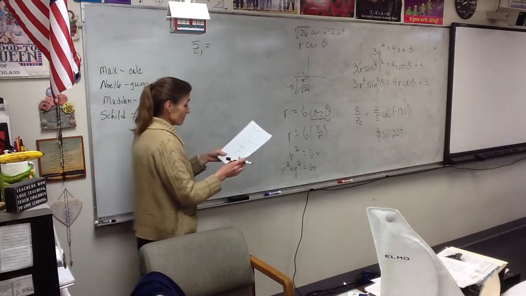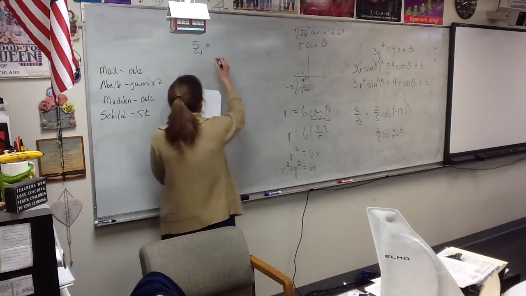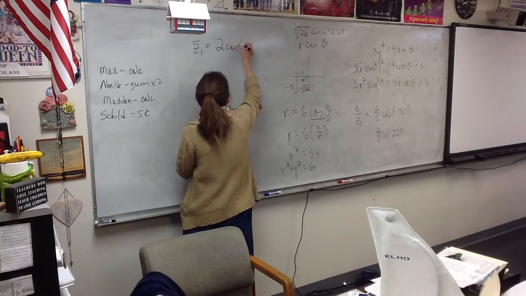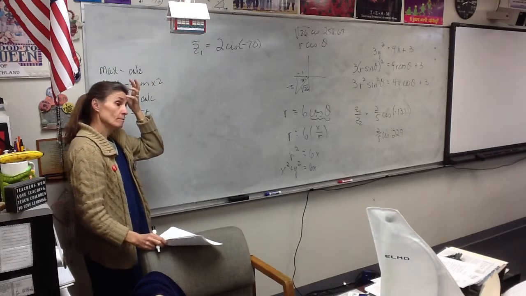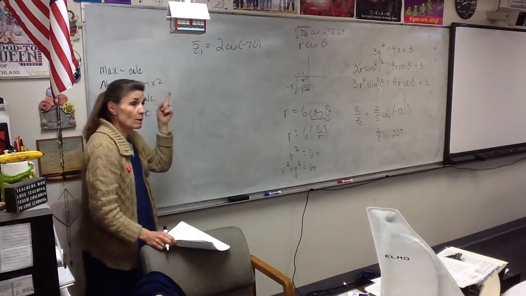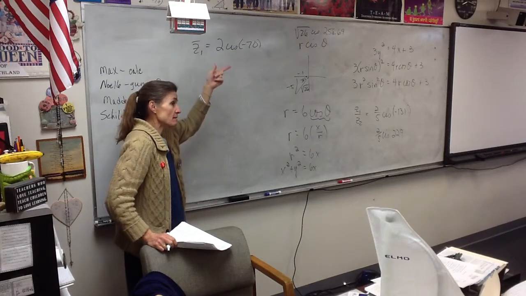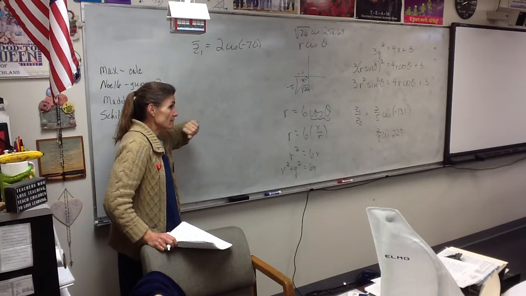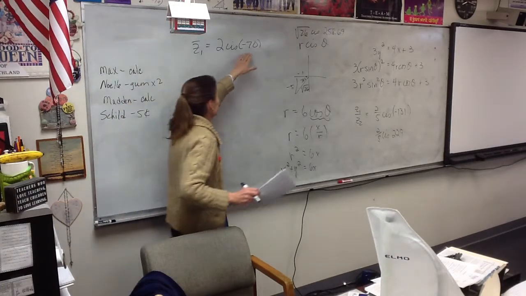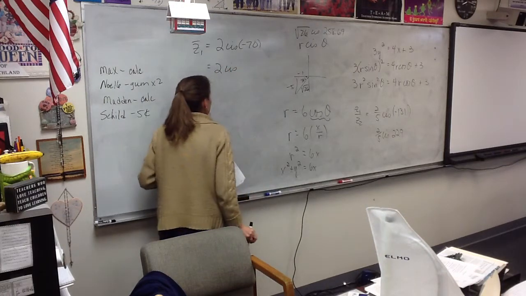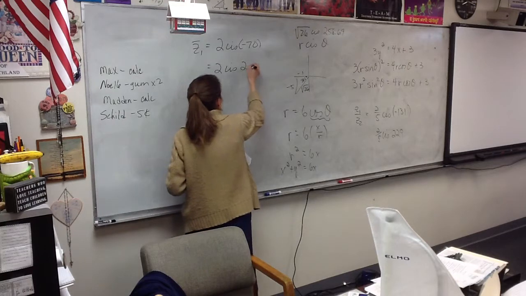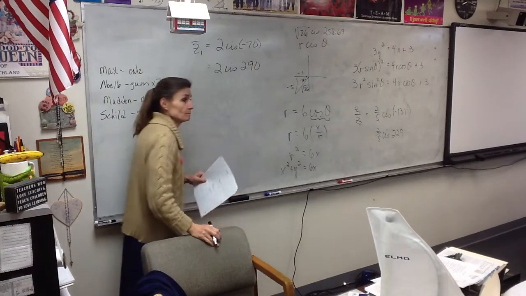So for z sub 1, the conjugate would be 2 cis negative 70. Same radius, but instead of positive 70, it's negative 70. And of course, we don't like that negative, just like before, so we'll rewrite that as 290.